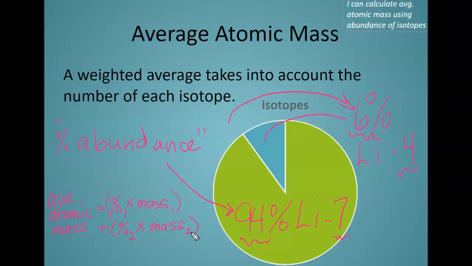And if we had more than just those two, then we would keep on going with percent of isotope number 3 times its mass, and we would add all of these together. So in the next couple slides, you're going to see some examples of how to actually do these calculations for each type. So let's go ahead and move on to those.